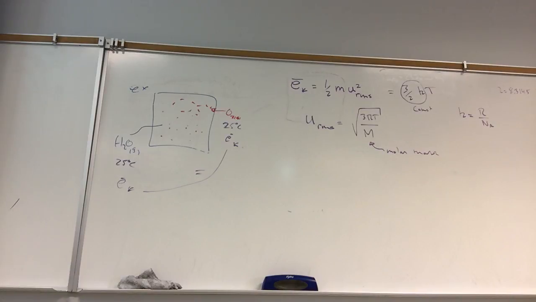Then R would equal 8.3145 kilograms meter squared per second squared, but we don't have to change that, because the units are joules per mole Kelvin.